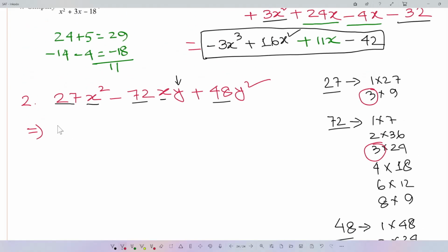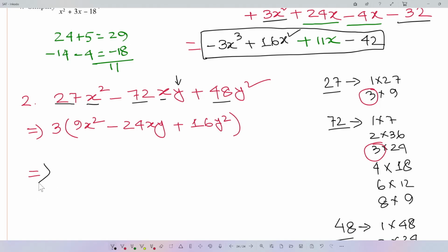So we can take common 3 from here. So 27 divided by 3 will be 9x², minus 72 divided by 3 will be 24xy, right, plus 48 divided by 3 will be 16y².